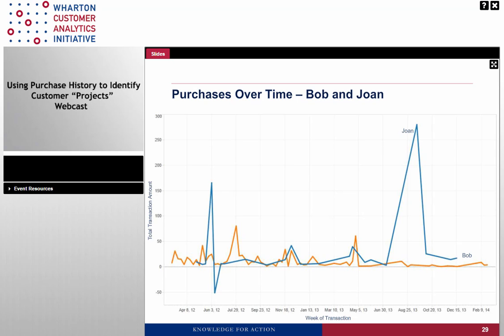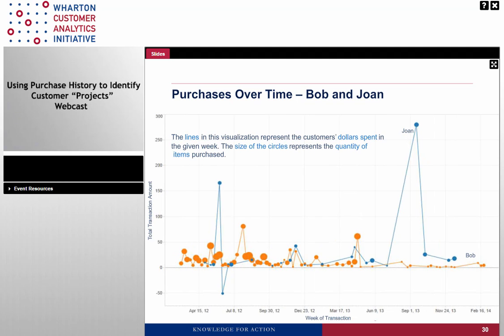Again, this is showing the total transaction amount over time. However, if we zoom in and look at the details and look at how many products they're purchasing at any one transaction, this is a visualization that shows how many products relative to the size of the circle they're purchasing.